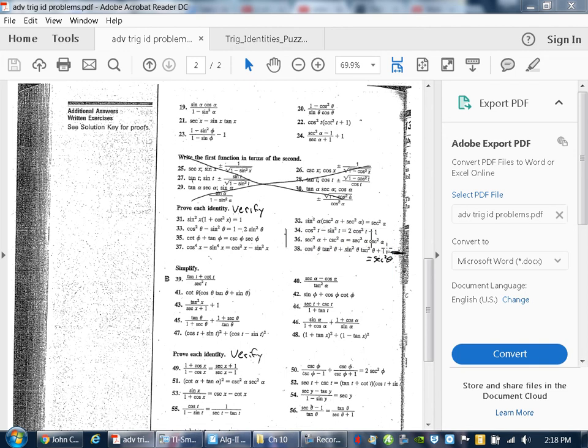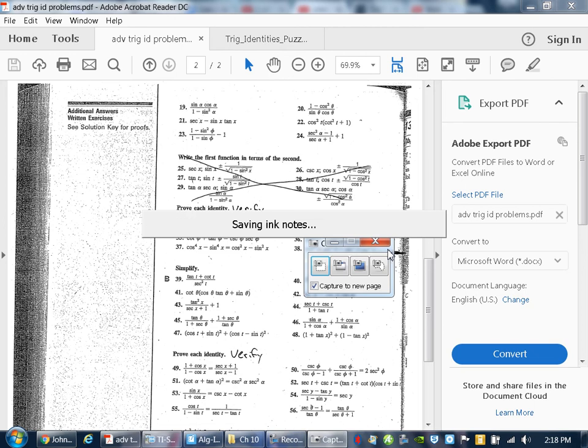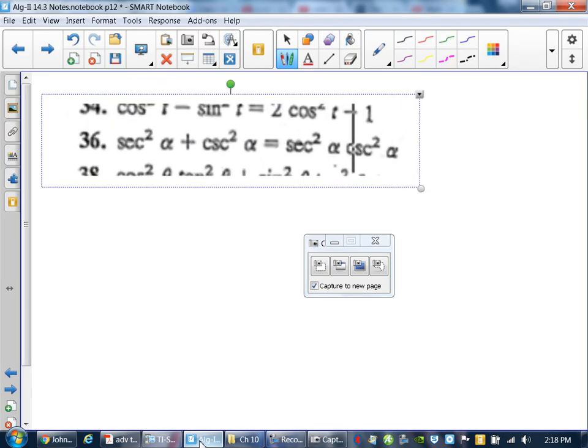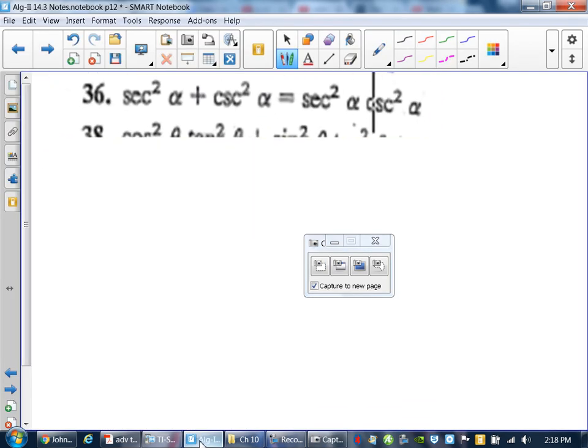I want to show you guys another idea of what to do when you see a certain scenario. Look over at number 36 on the back, and I'll rewrite it here. Which side is the back? The one that has the 36 on it.